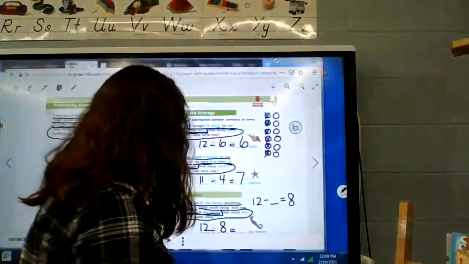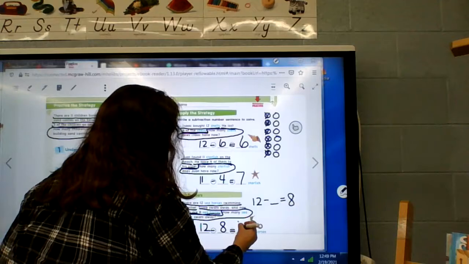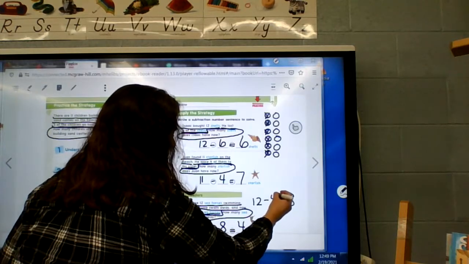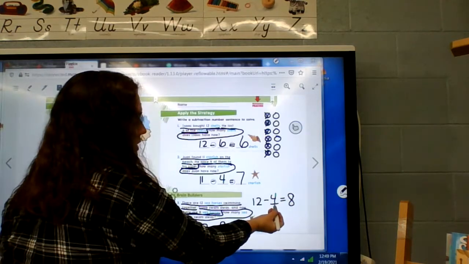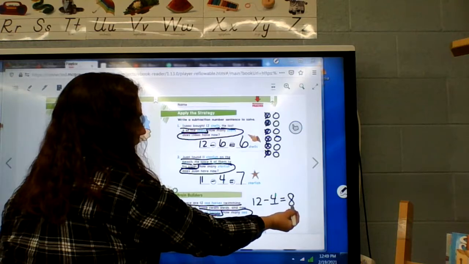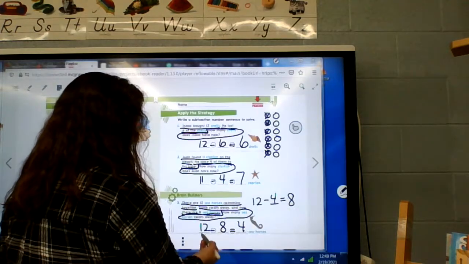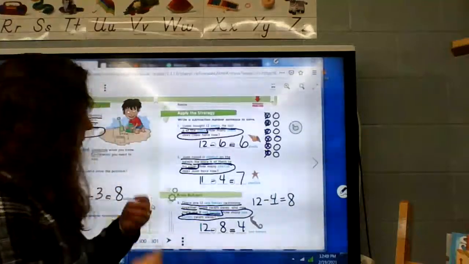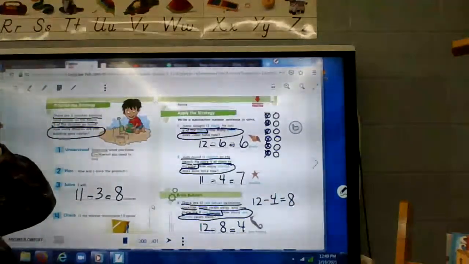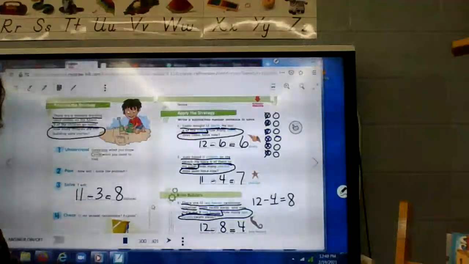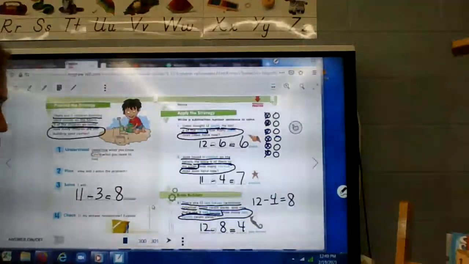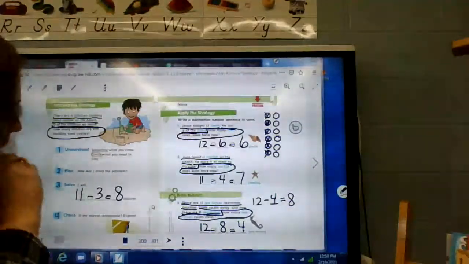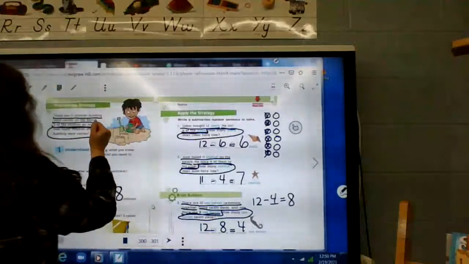Okay. 4 seahorses swam away, so that you had 8 altogether, or 8 left. But we're going to put it like this. 12 minus 8 equals 4 seahorses swam away. Okay, let's turn it to the back.